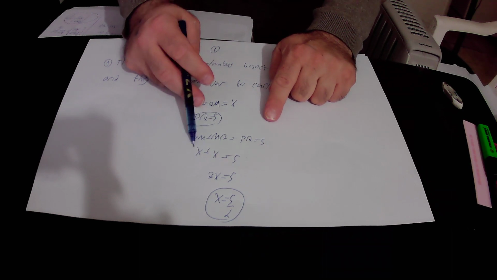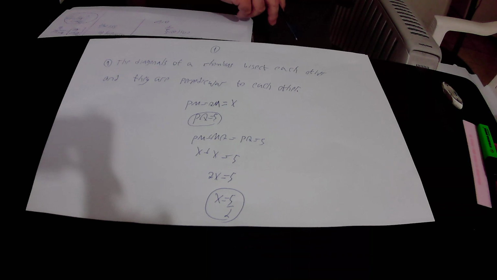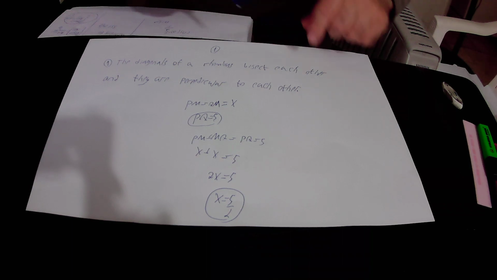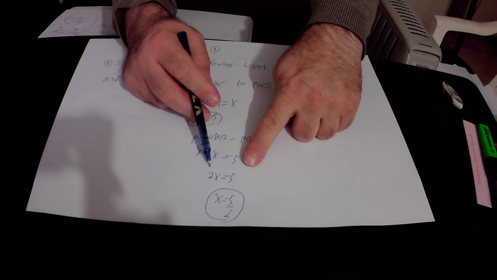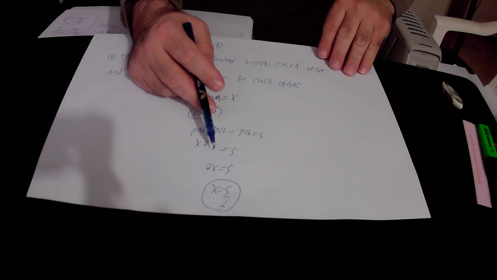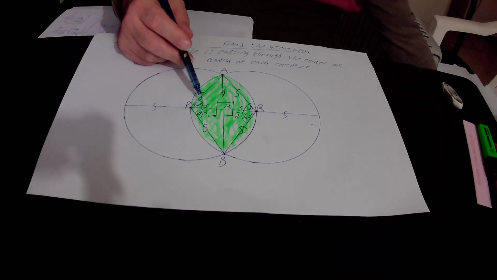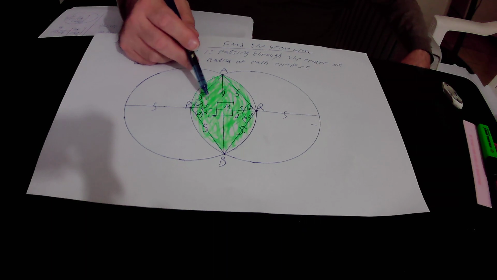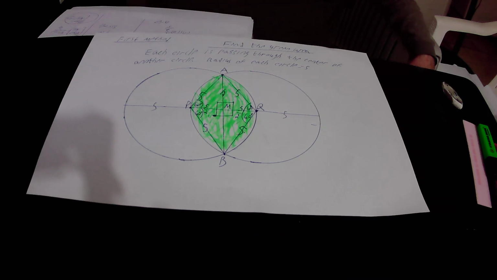But PM equals to X, according to our definition. QM also equals to X. X plus X is 2X, and so we got that 2X equals to 5. If we divide this equation by 2, we'll get that X equals to 5 over 2. Okay, we got here that X equals to 5 over 2, that is to say PM equals to 5 over 2, and MQ that equals to X also equals to 5 over 2. Okay?